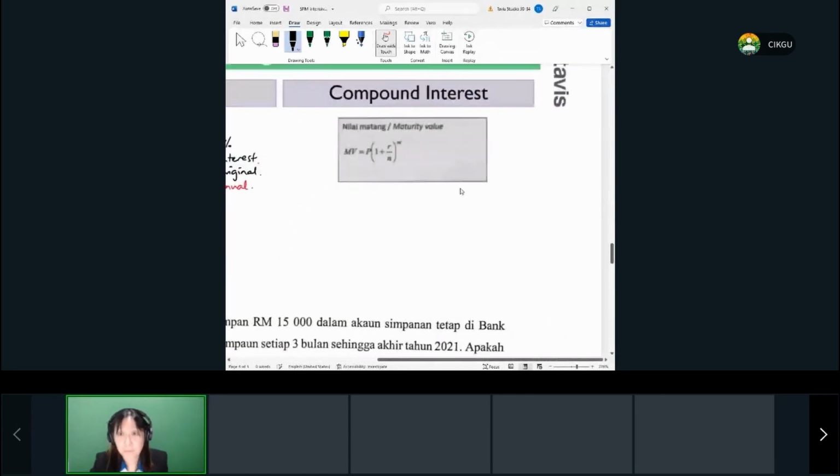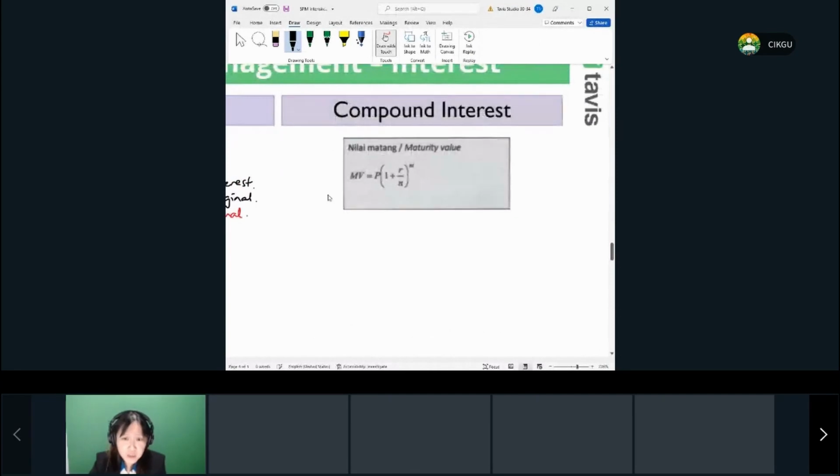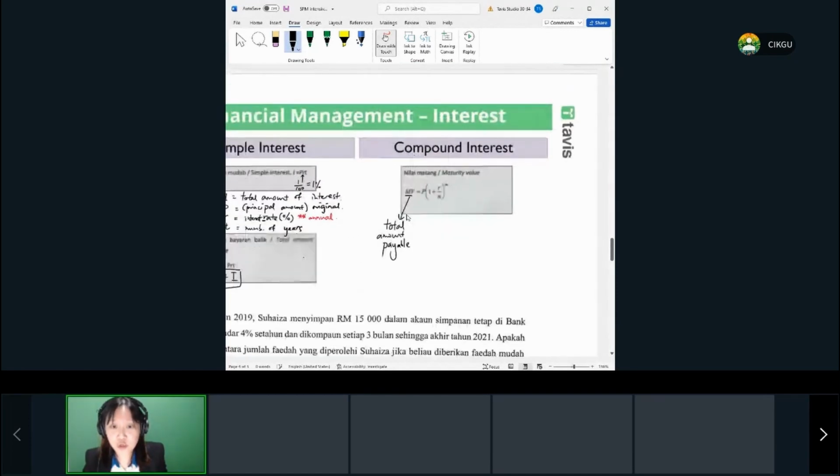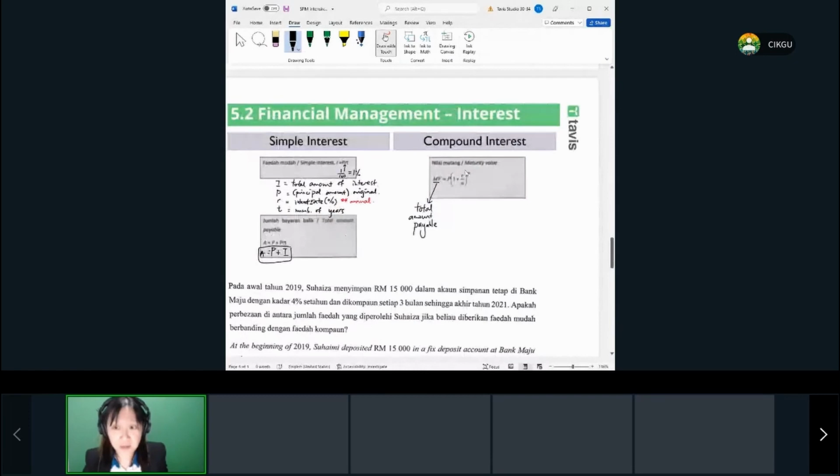The next one, compound interest. A lot of students don't know what this means: maturity value. This just means the same as the total amount payable. That means the formula for compound interest, if you sub it in, straight away gives you the final amount, including the interest, everything you need to pay back, in one formula.